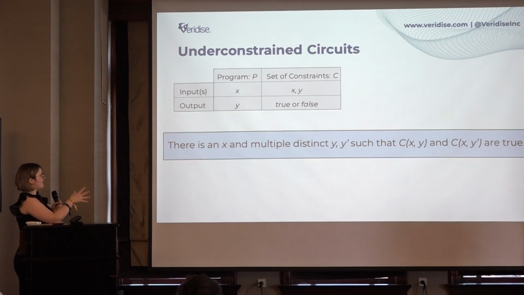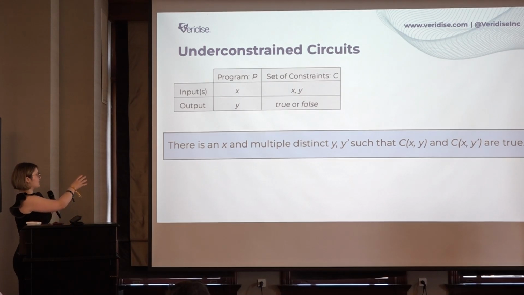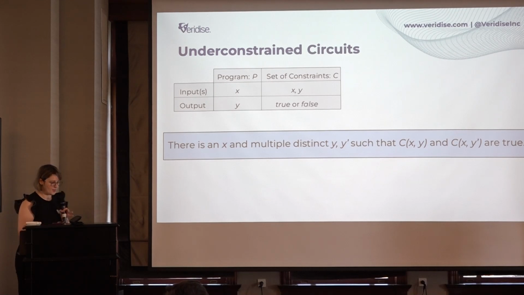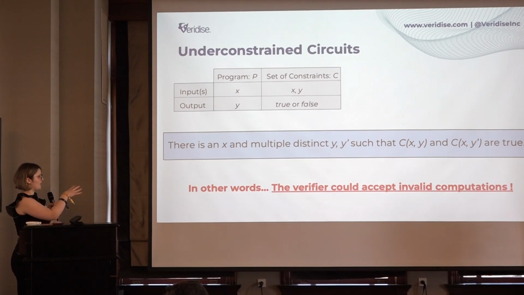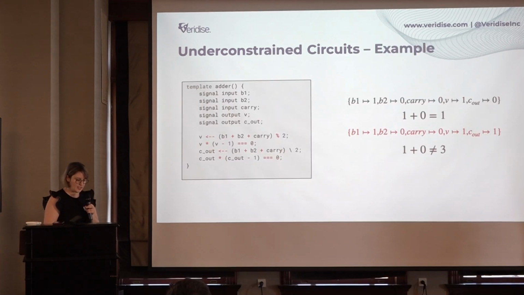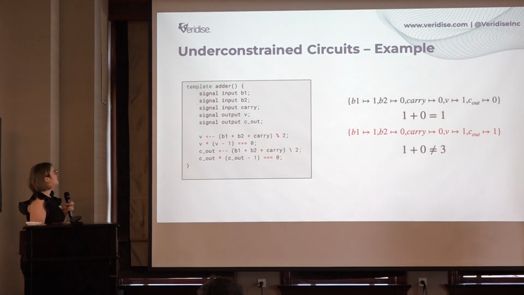Basically, what these under constraint circuits allow is that for a single input X, we will have distinct outputs. So there is some non-deterministic behavior going on here, which is undesired in most cases because the verifier then could accept invalid computations. So we'll have a look at an example that will showcase this under constraint circuit bug.